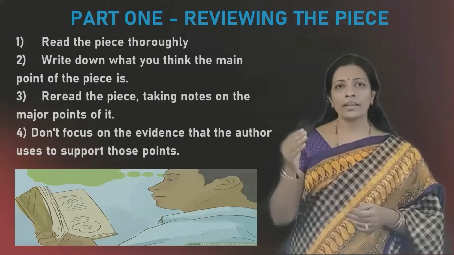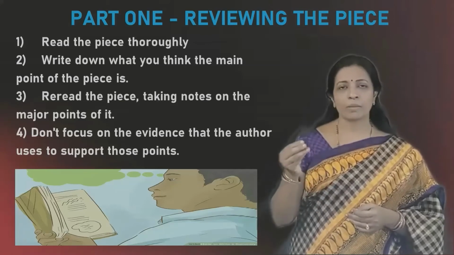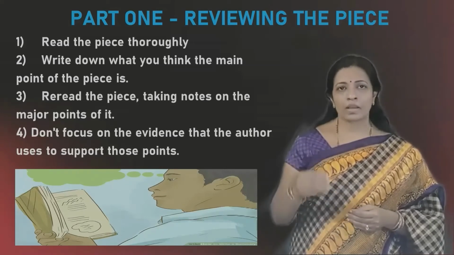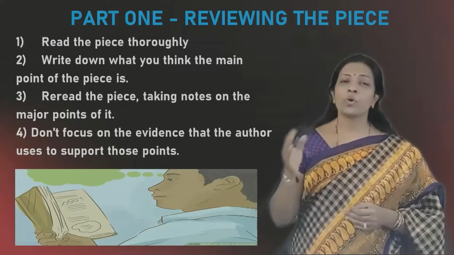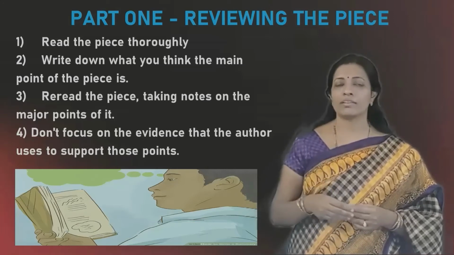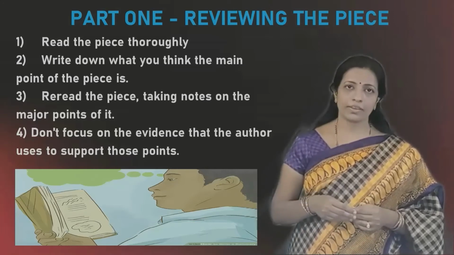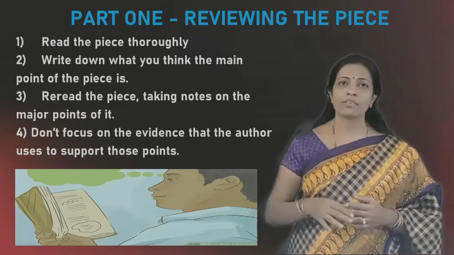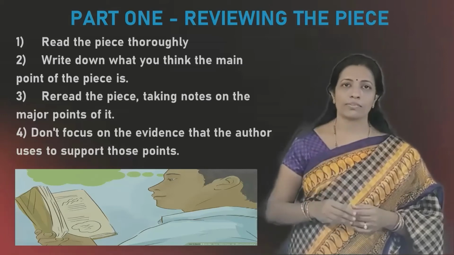Reread it and try to make down some other notes, add some notes to these main points. Also, try to remove all supplementary information or supporting evidences which have been given by the writer, so that the list which you have made should consist only of the main points.